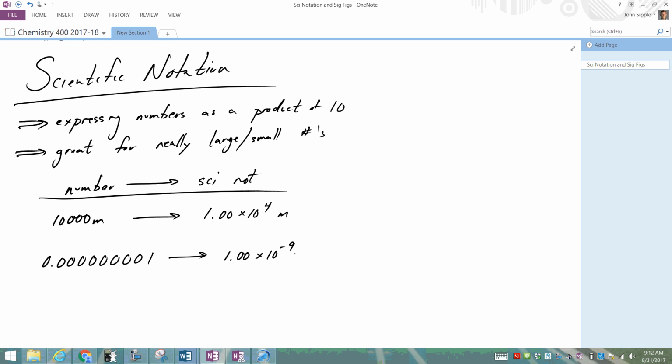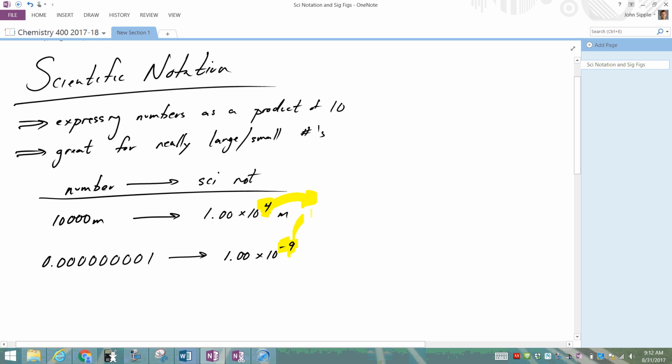Okay, so what do we notice here? What's the difference when we get scientific notation? When you move the decimal to the left, it's a positive exponent, and when you move it to the right, it's negative. Yeah, we've got this positive and negative going on.